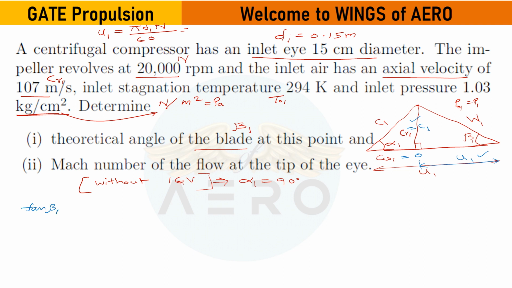Tan beta 1 equals CR1 by U1. What is CR1? 107. U you can find using this formula. Put it over here. 157.07 is the U value. Beta value is 34.26 degree. Excellent. So this is done.